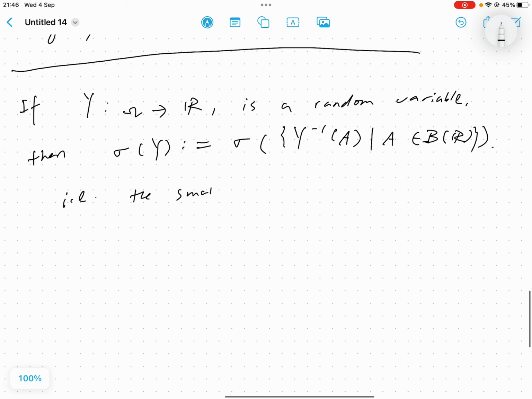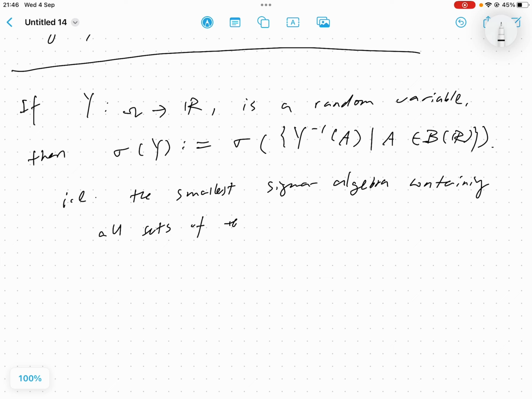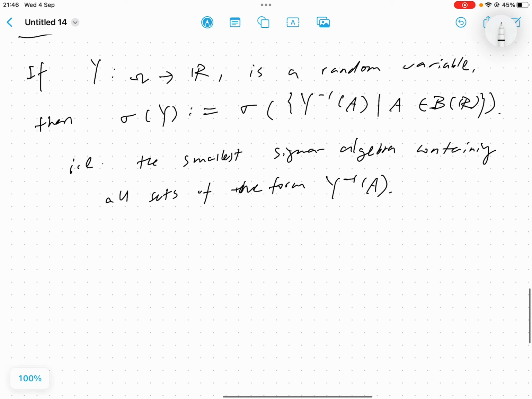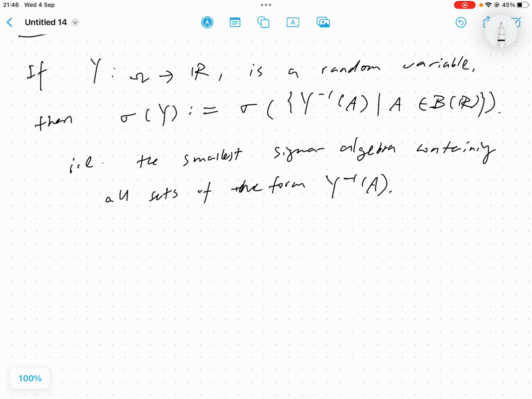The smallest sigma algebra containing all sets of the form of this. So that would be the most efficient one, or the smallest sigma algebra.